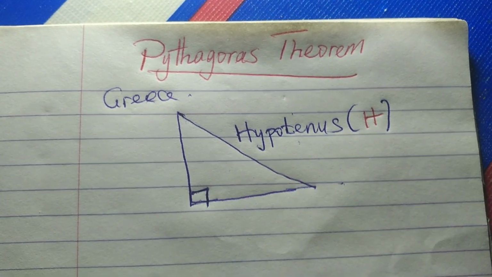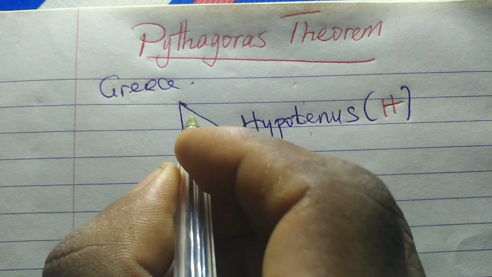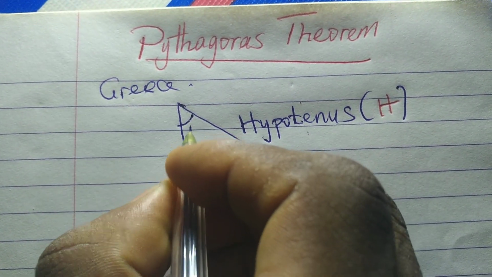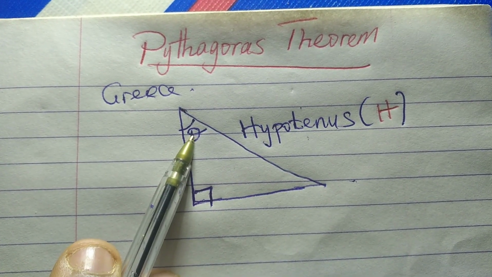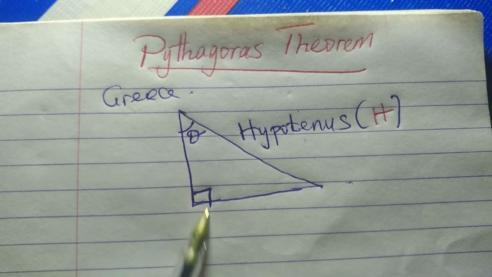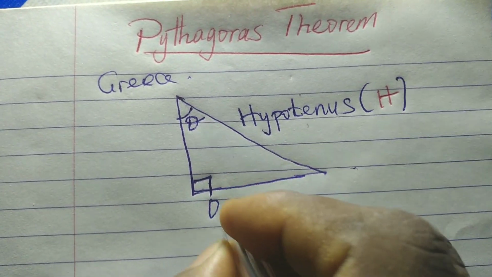Now, depending on where I place the angle theta, let my theta be here. The side that is opposite to the angle theta is known as the opposite.